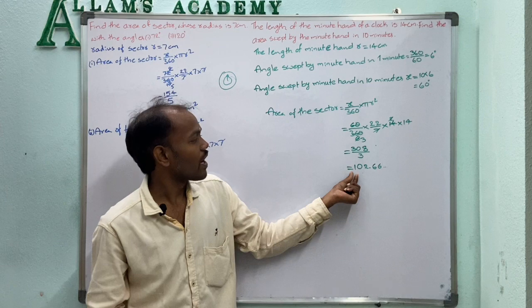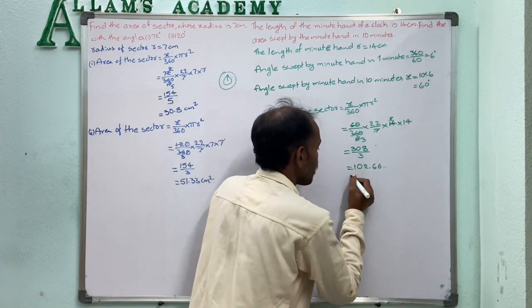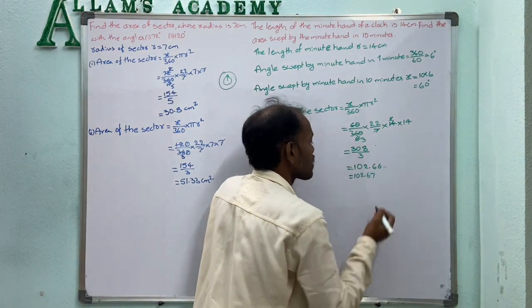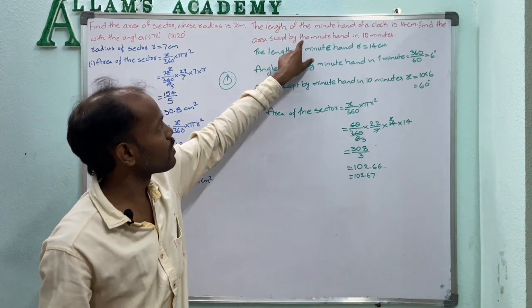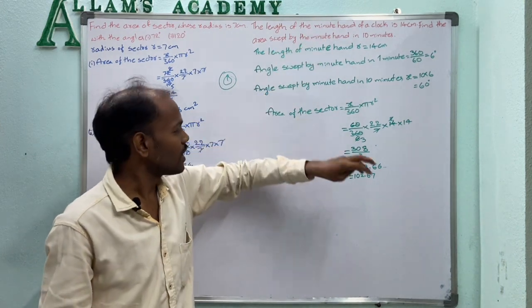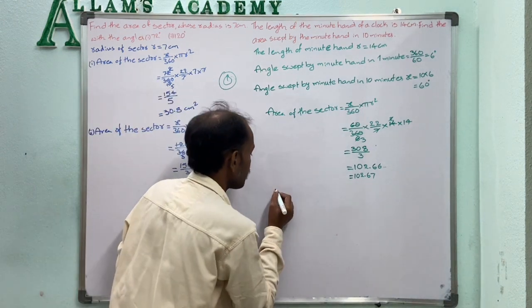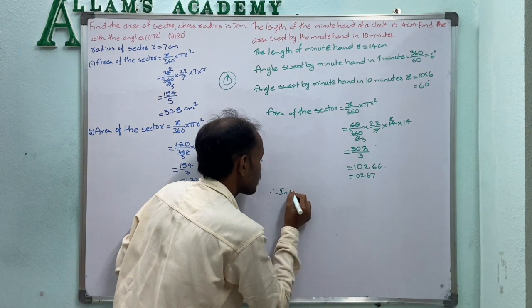So 102.66, that is nothing but we have to take 102.67 centimeter square, it covered area. So the area swept by the minute hand is 102.67 centimeter square.